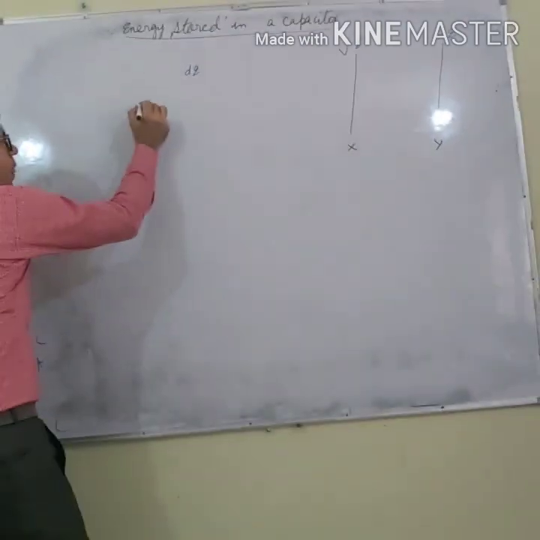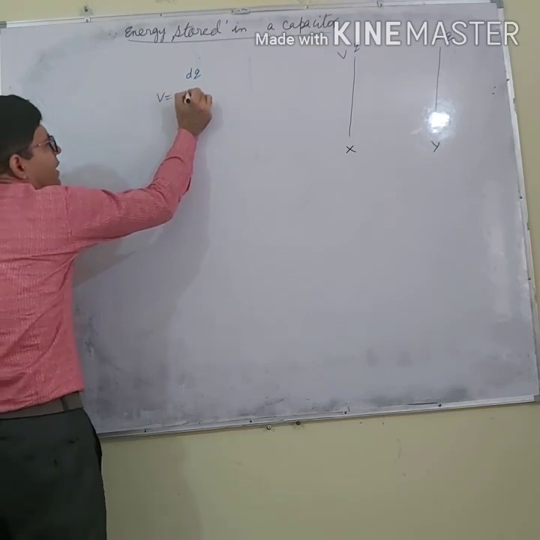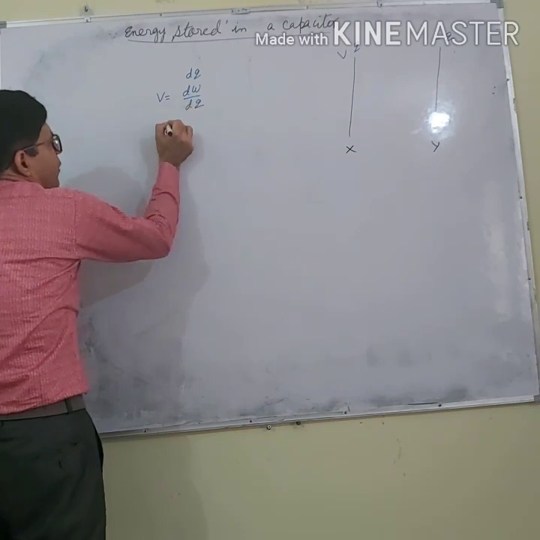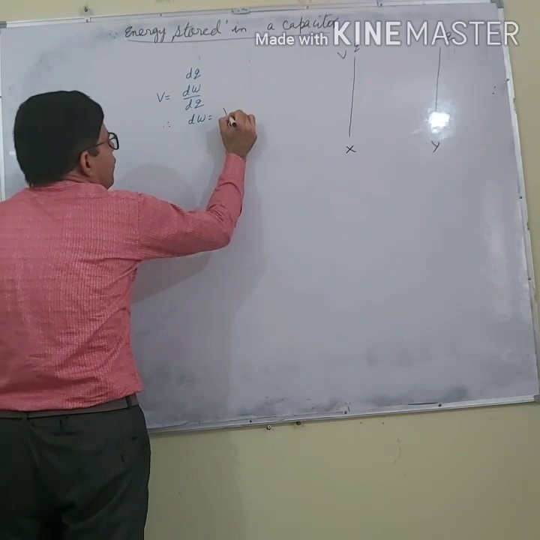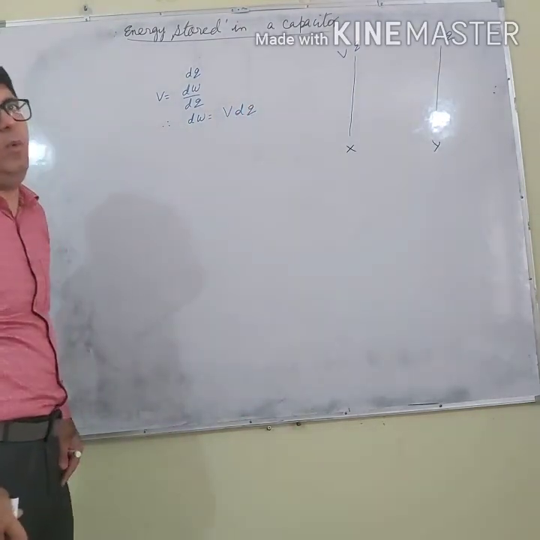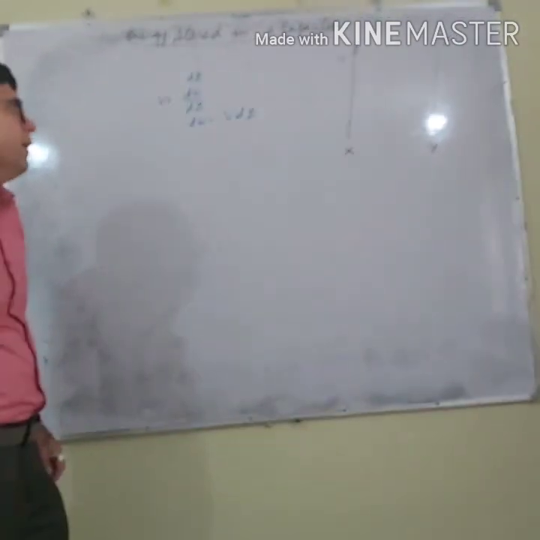Now what is the work done? I know that V equals work done per unit charge. Therefore dW equals V multiplied by dq. Right?